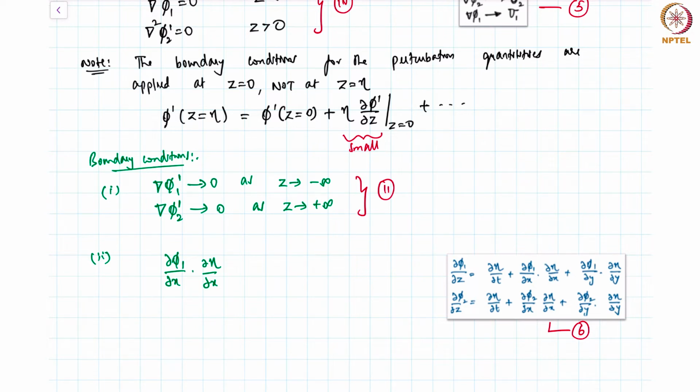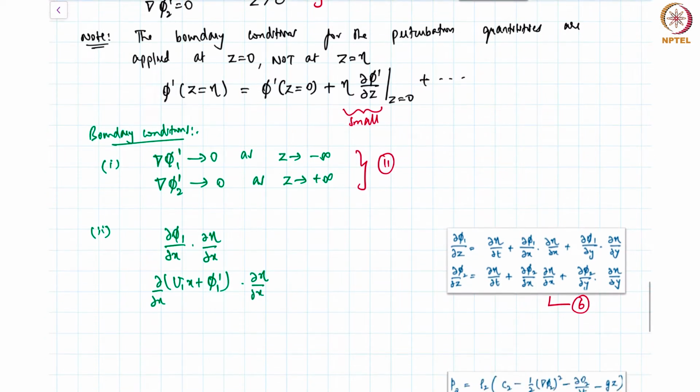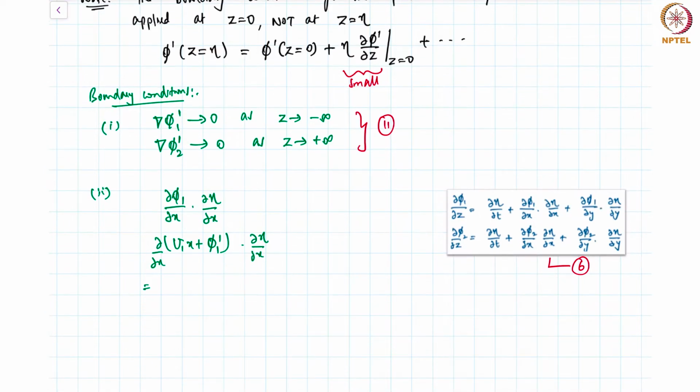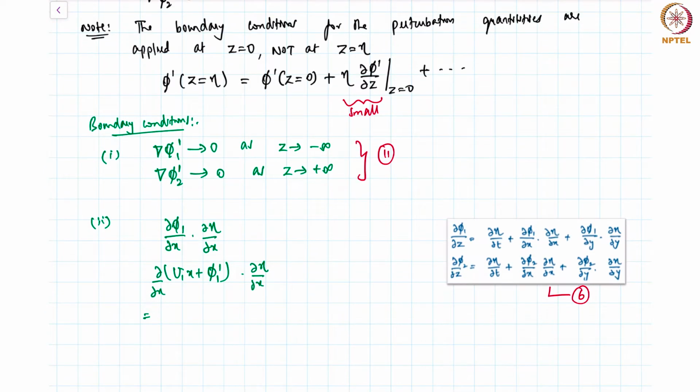Now if I say that phi 1 is u1x plus phi 1 prime, this becomes u1 plus del phi 1 prime by del x multiplied by del eta by del x. Now clearly the product of these two terms will be very, very small.